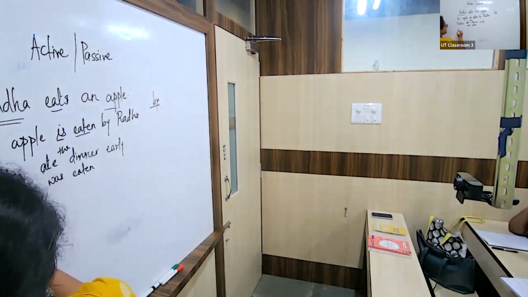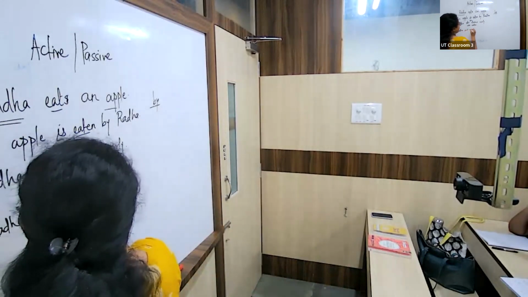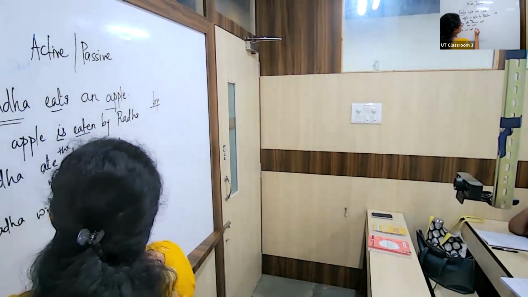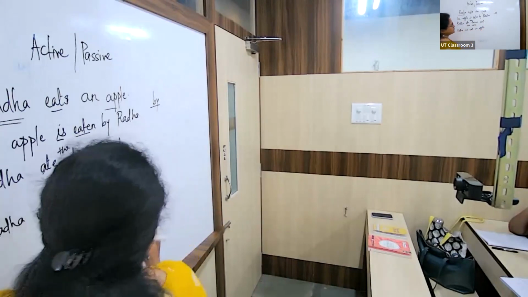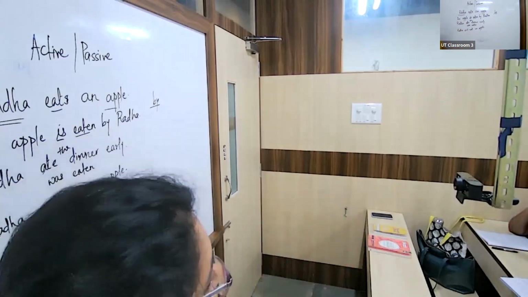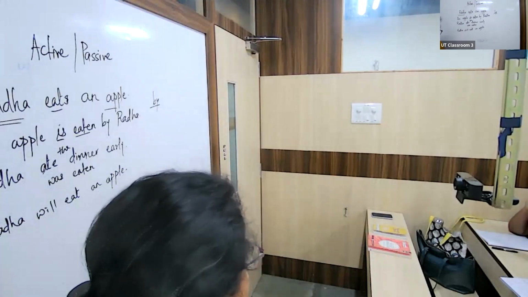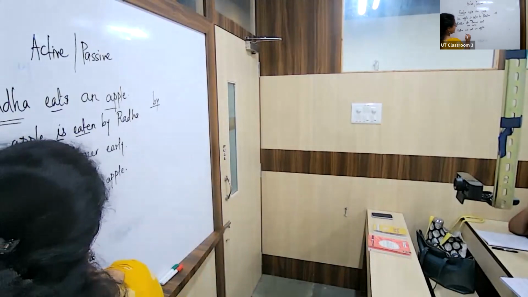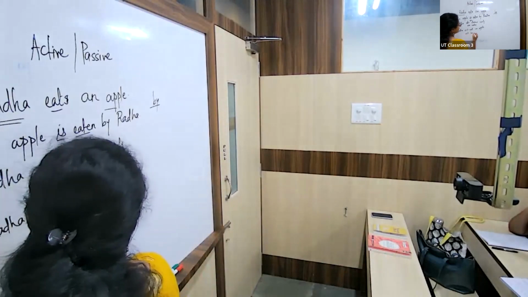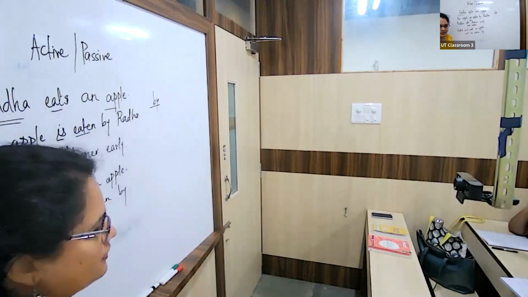Next, Radha will eat an apple. Okay, you give the answer. An apple will be eaten by Radha. That's right. An apple will be eaten by Radha.